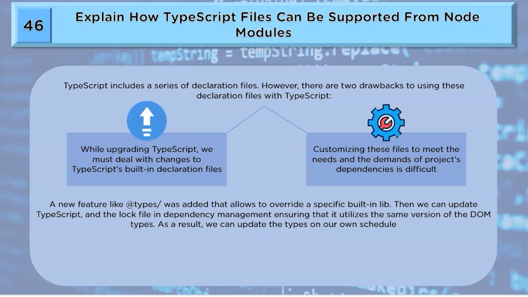A new feature like @types was added that allows us to override the specific built-in library. Then we can update TypeScript and the lock file in dependency management, ensuring that it utilizes the same version of the DOM types. As a result, we can update the types on our own schedule.